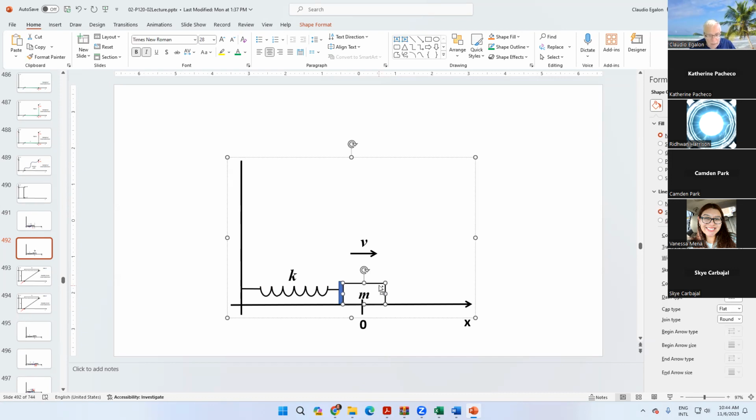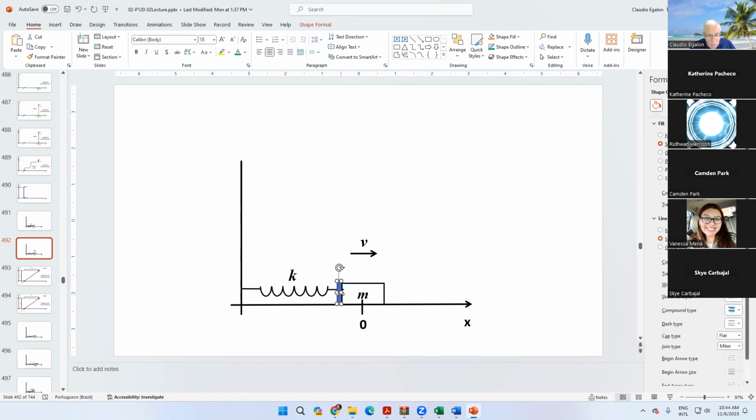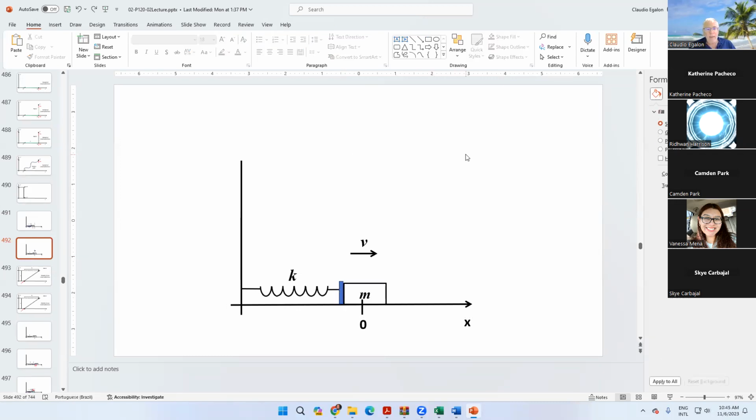Yeah, the math got out a little bit off. Good, like that. What is this velocity? At this point in time, the force is about to change direction.